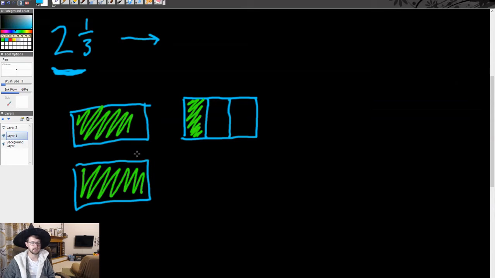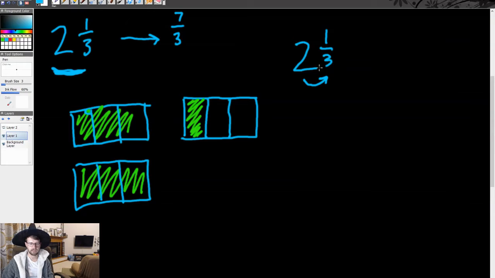And then I can, either in my mind or actually in my drawing here, cut these wholes into thirds as well, and then count my thirds. 1, 2, 3, 4, 5, 6, and 7. I have 7 thirds.